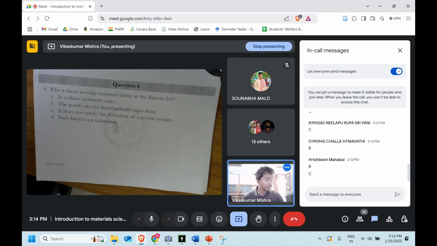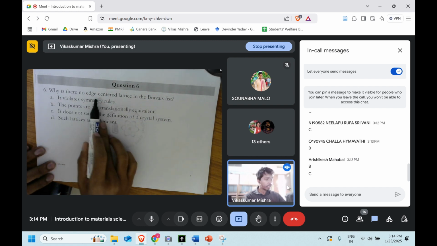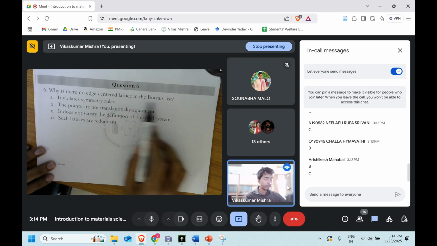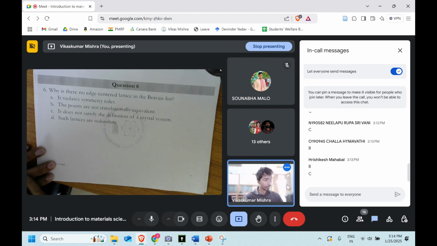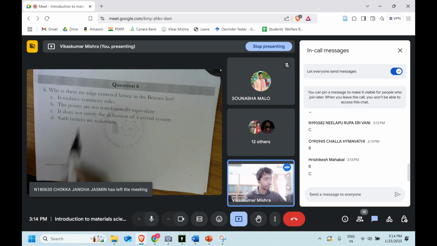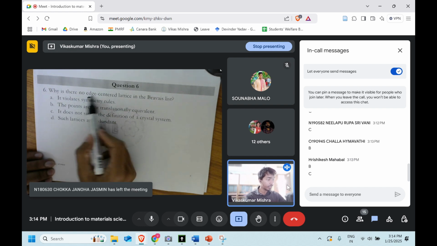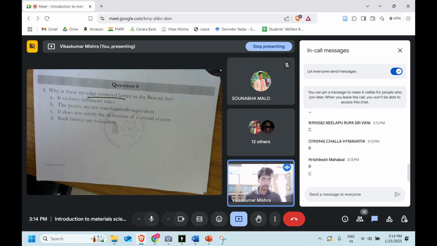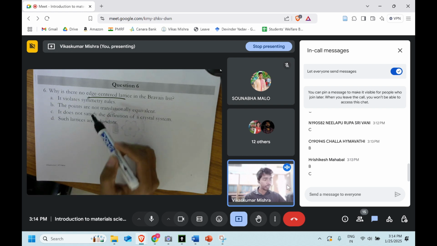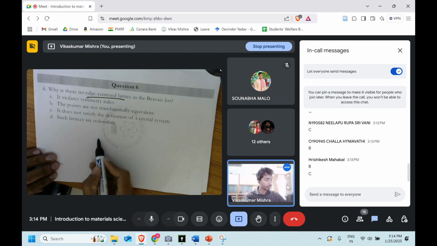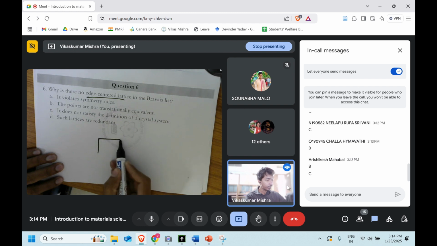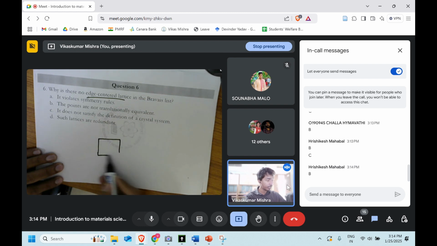Now this is something which we can discuss in detail. Why is there no S centered lattice in the Bravais lattice? What do you think? Why are we not having the end centered? No S centered lattice among A, B, and C. S centered means, oh sorry, I think I mistakenly pronounced end center in between.